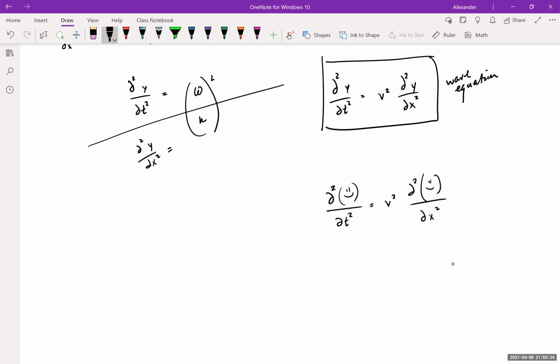Just like if we can say that some quantity is negative proportional to its own second derivative, that is an oscillatory thing. Same story here. If we can show that the second partial with respect to time is positive proportional to the second partial with respect to space, it's a wave. Whatever it is, it's a wave. It's got to be. And this is the square of the phase speed, the propagation speed through space. We're going to need that. An important result.